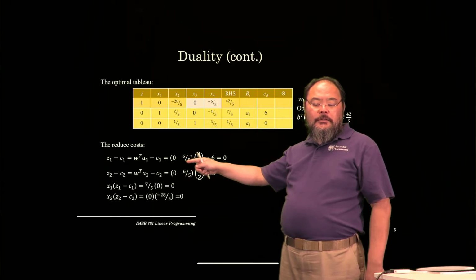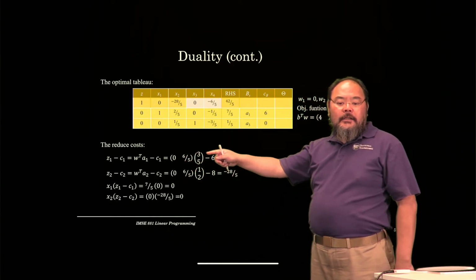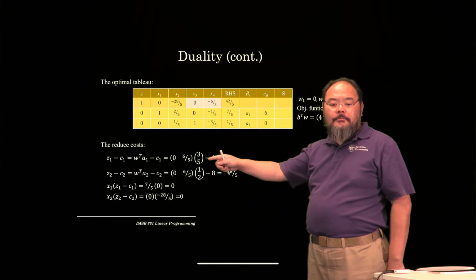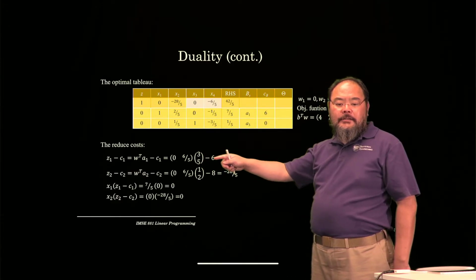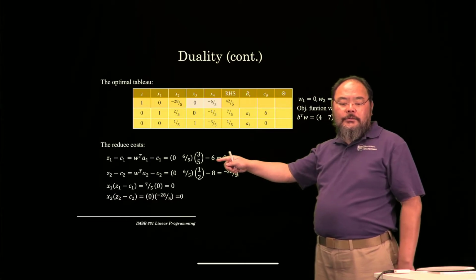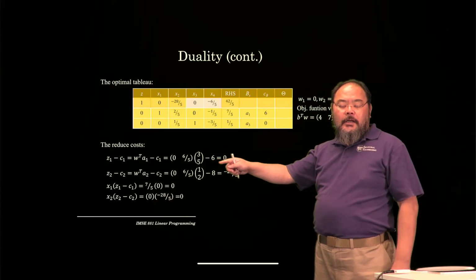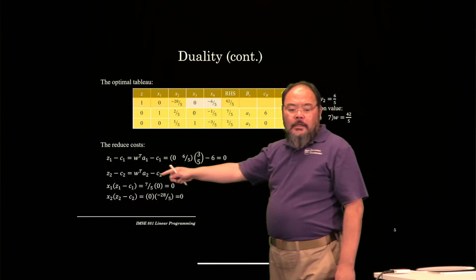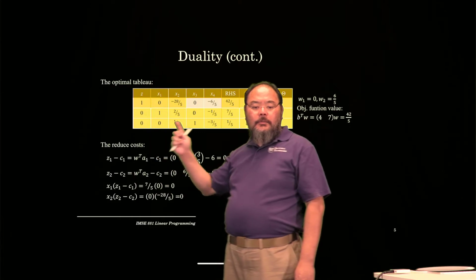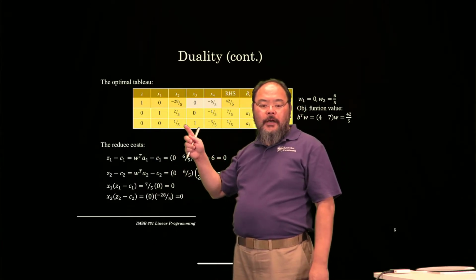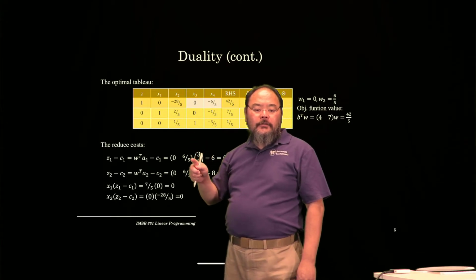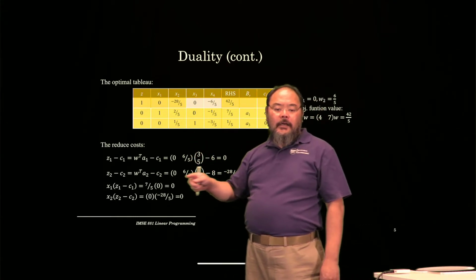So 0 and 6/5, that's the omega, and 3 and 5 are the first column in the original problem, minus 6, which is the c1, the cost coefficient for x1. So actually they equal 0. Look at the z2 corresponding to x2 in my tableau. x2 is not a basic variable, so let's take a look at how that comes out.